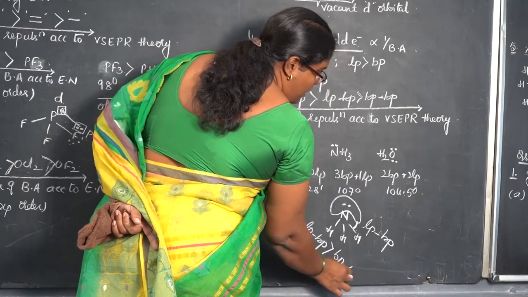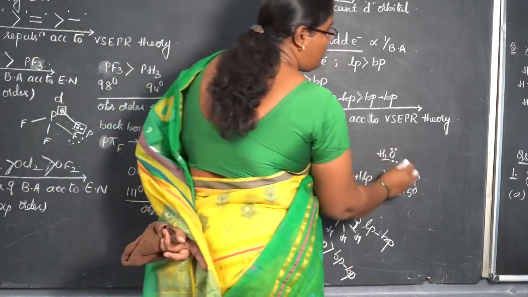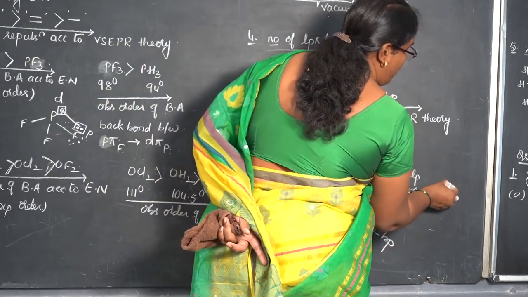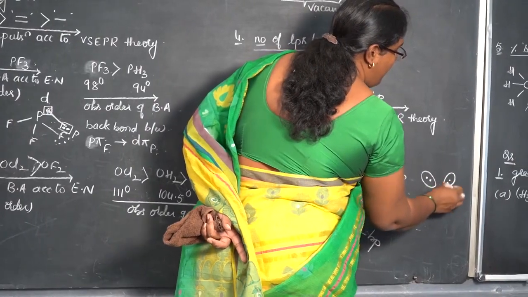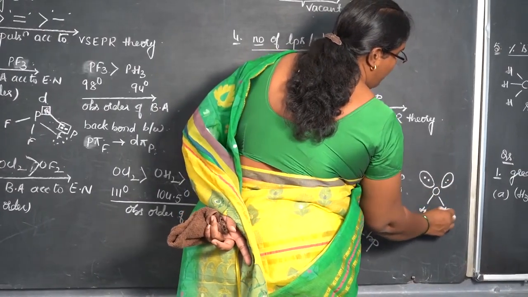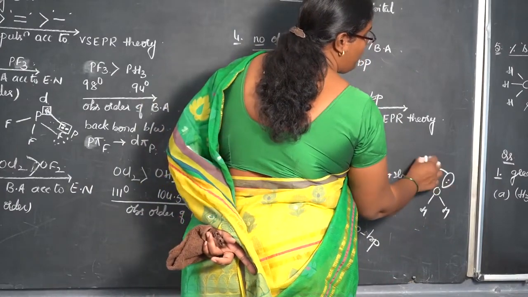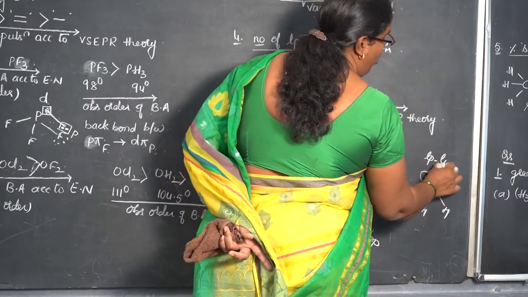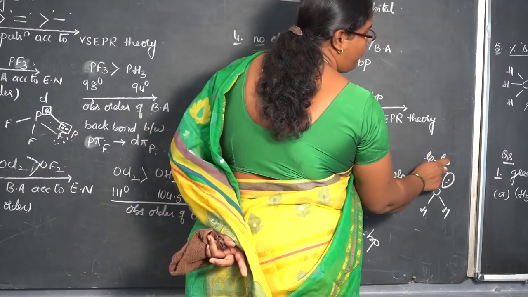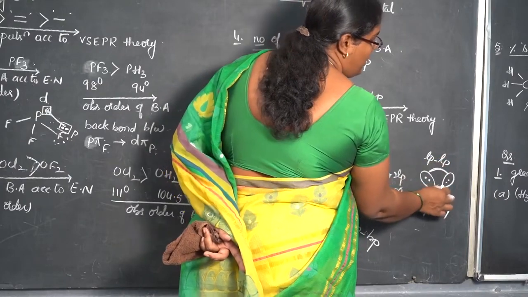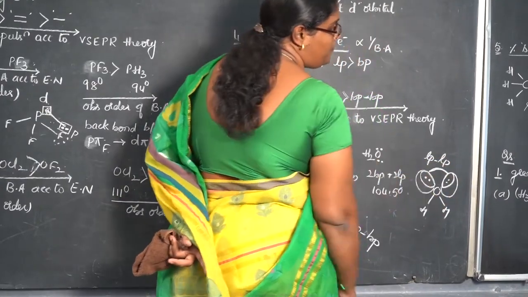bond pair repulsions. Now, when we take the water molecule, oxygen in the water molecule has 2 lone pairs and 2 bonded pairs. So first we'll have the repulsions between the 2 lone pairs, that is lone pair repulsion, and since these offer strong repulsions, the lone pairs try to move away from each other.